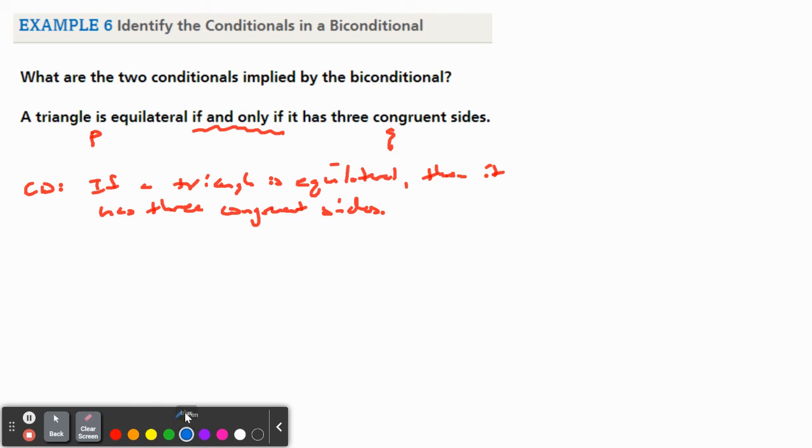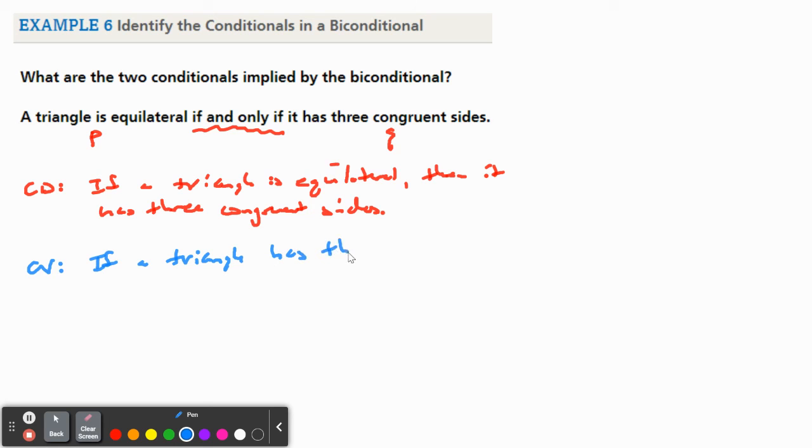So now for your converse, we're going to take this conditional and switch it around. So if a triangle, now notice I'm going to put if, I'm not going to put it, I'm going to put if a triangle has three congruent sides.